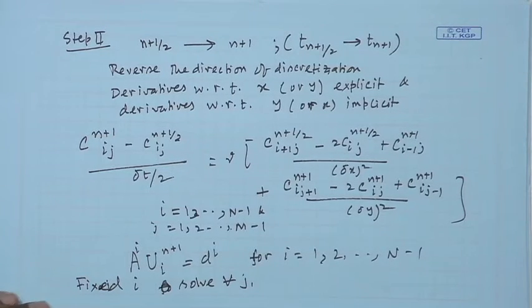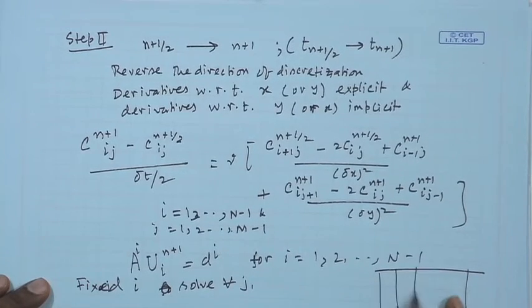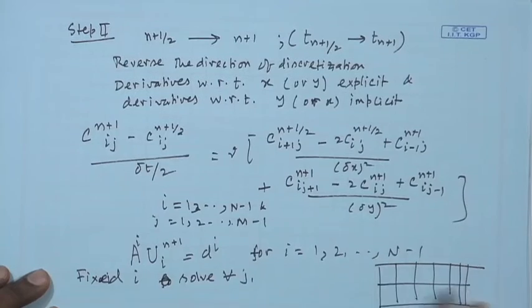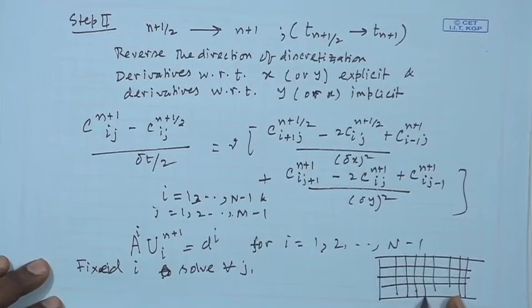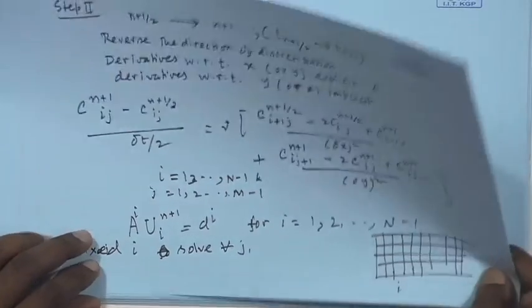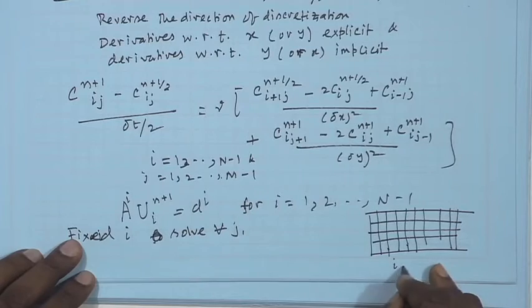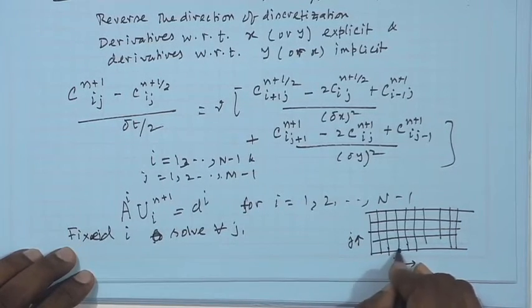So, if I do it in pictorial form, say these are the grids. This is i, along this direction i is varying, and this is j. These are the boundaries.